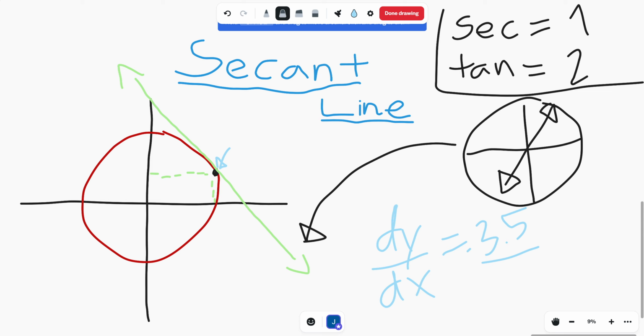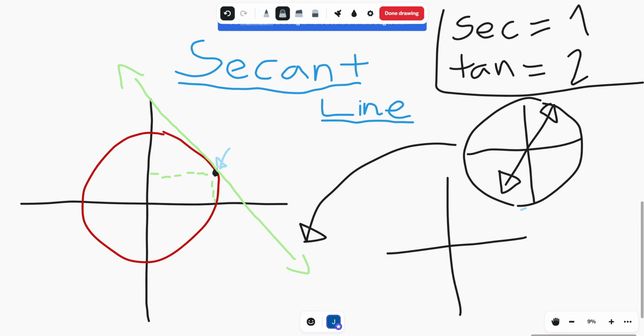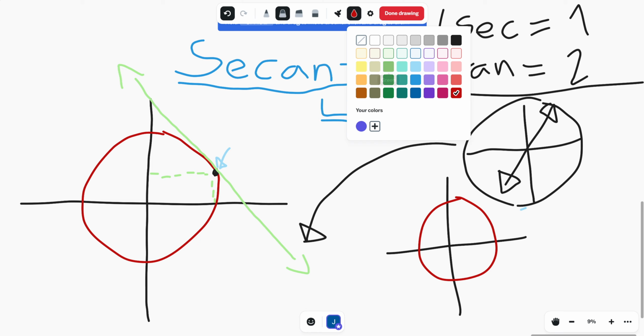Now the difference between a secant line and a tangent line is that a tangent line is just multiple secant lines getting close together. So when we look at another graph, and let's just say we have the same circle, and we're going to keep this format.